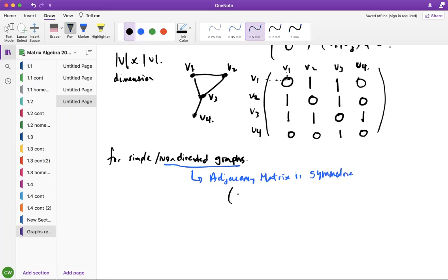And that's because if vi, vj is in the edge set, well, if it's non-directed, vi, vj is the same as vj, vi.